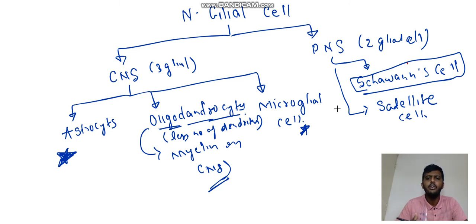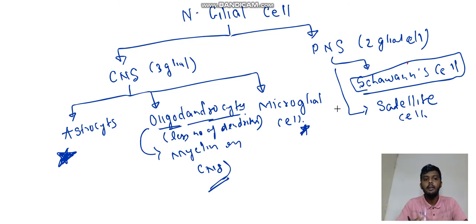If anyone asks whether the sheath of Schwann is present in the central nervous system or not, the answer is no, because the Schwann cell is only present in the peripheral nervous system, not in the central nervous system.